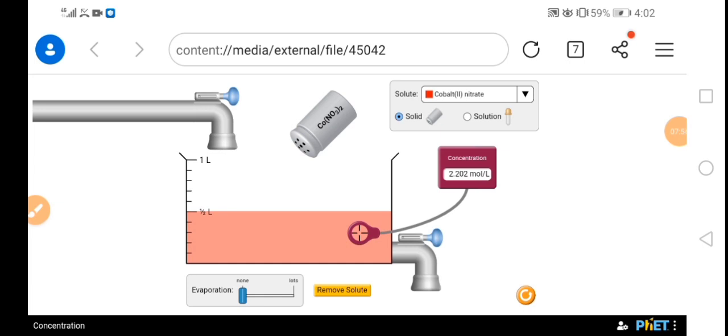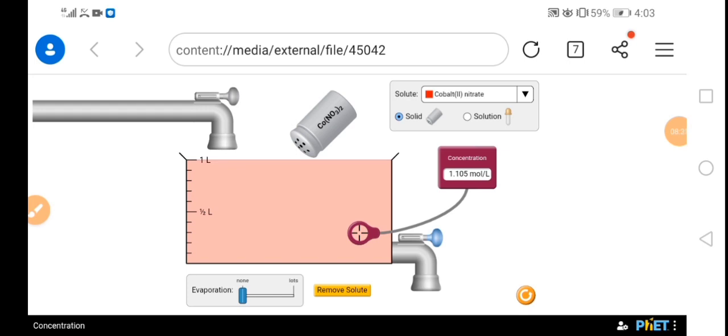Again, you will see that when I add more water, I am going to dilute this solution and the concentration is going to be decreased when I add more water. So let me add more water so that you can observe the concentration is decreasing. Up to 1 liter, the concentration has decreased to 1.105 mole per liter.